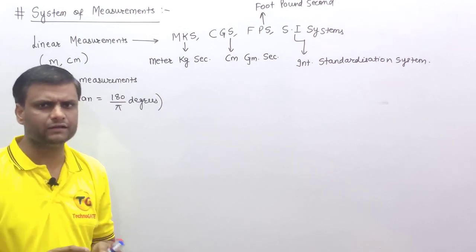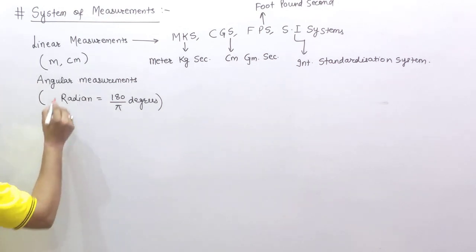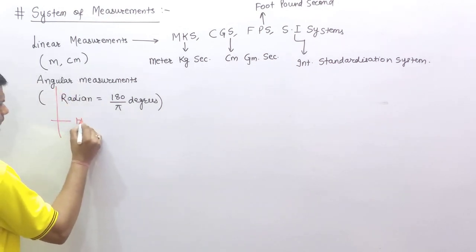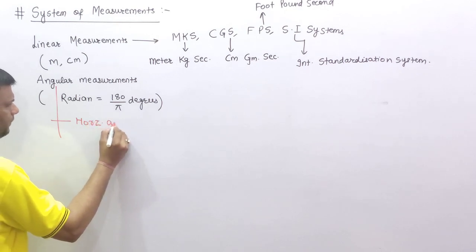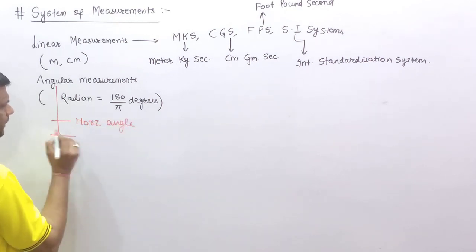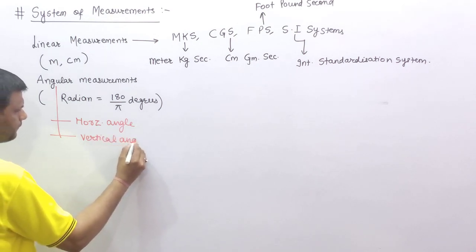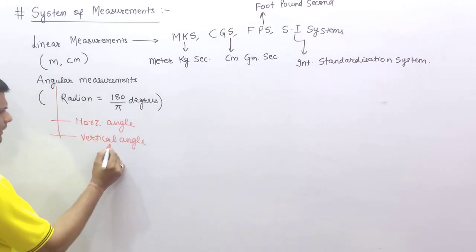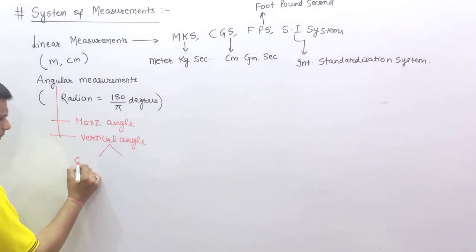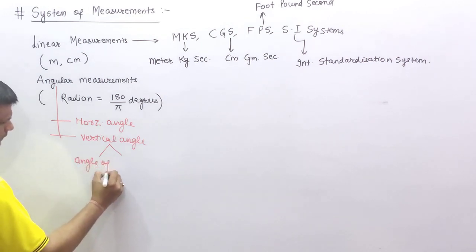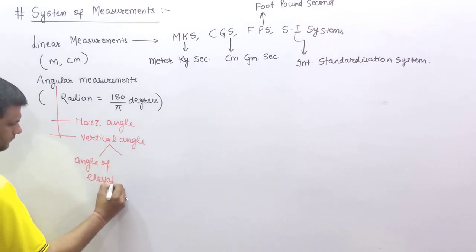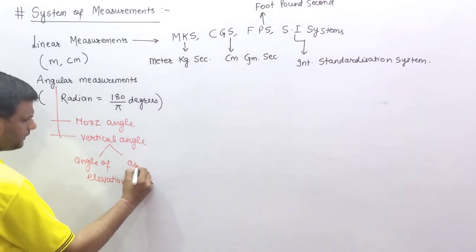This is the basic unit of all angles, and all angles may be horizontal angles or vertical angles. And if I am talking about the vertical angle, this vertical angle may be an angle of elevation or an angle of depression.